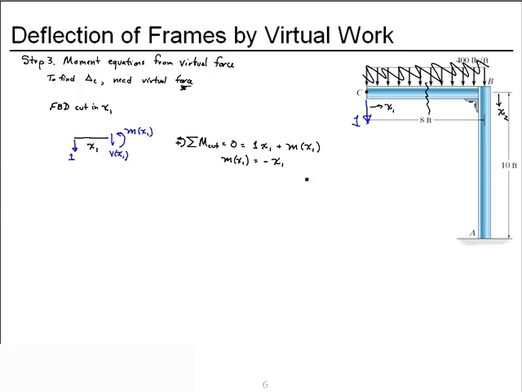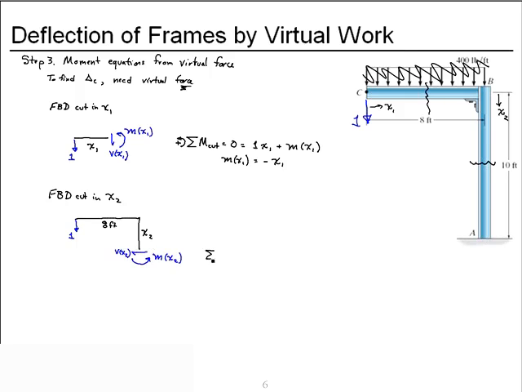And then I solve for the virtual moment as a function of x1, and I get a negative x1. Now I'll cut it somewhere between A and B, draw a free body diagram of the top section down to the cut. So this is x2 tall, this is 8 feet wide. We have the virtual force applied, unknown shear as a function of x2, and unknown virtual moment as a function of x2.